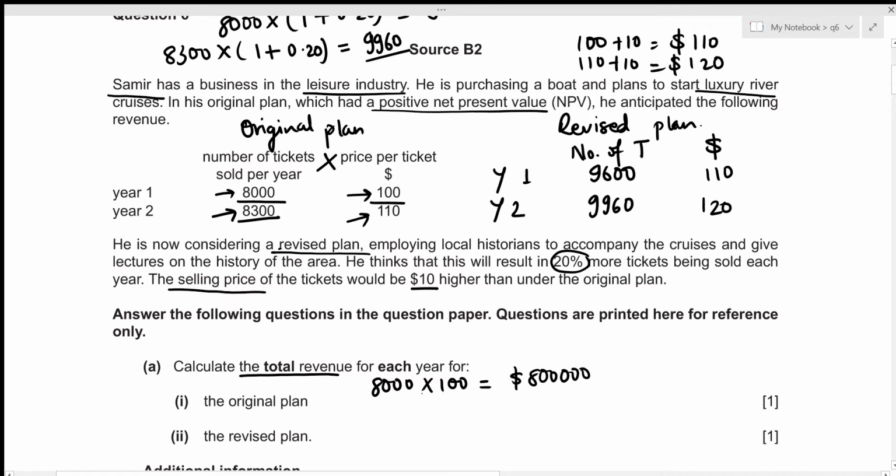Now we figure the same for year 2. We have the number of tickets sold per year to be 8,300 and the price per ticket is 110. So let's multiply these together. Now this gives the total revenue under the original plan for year 2 to be 913,000. Let's write these values down for the original plan.